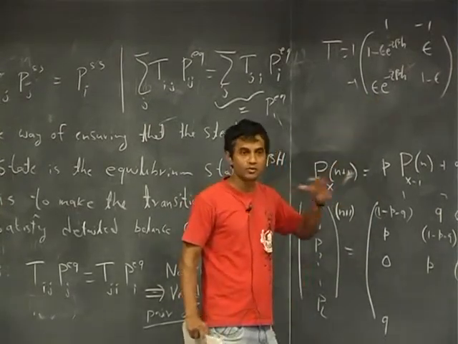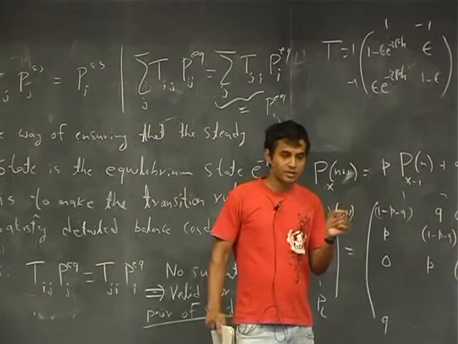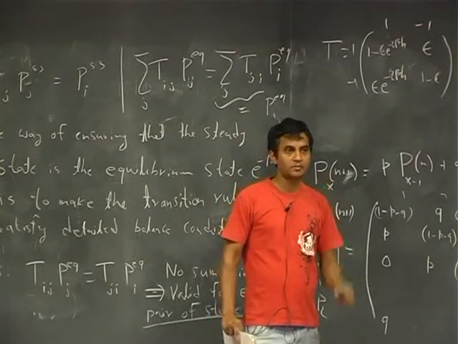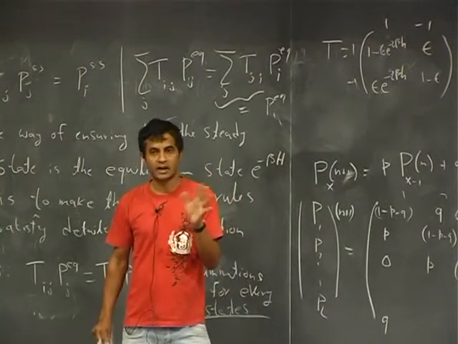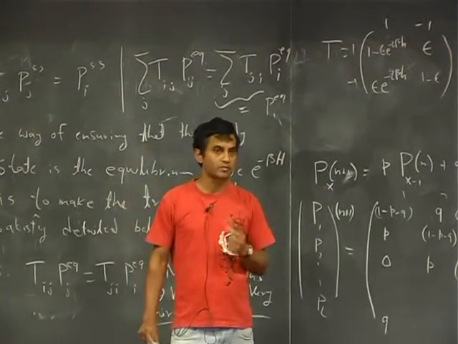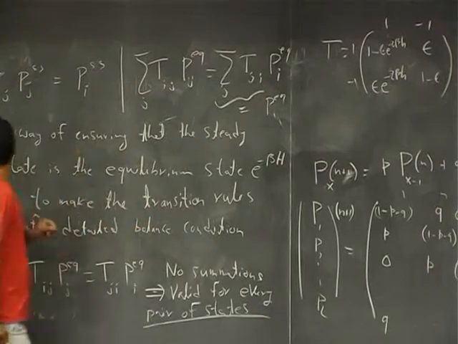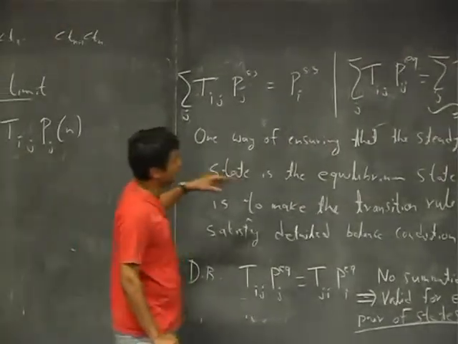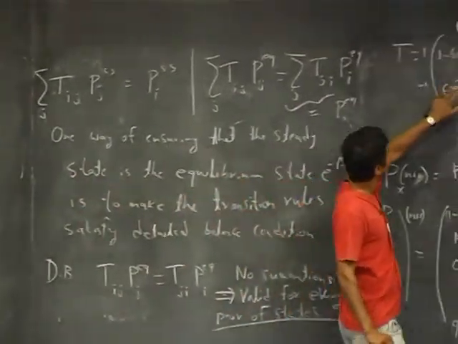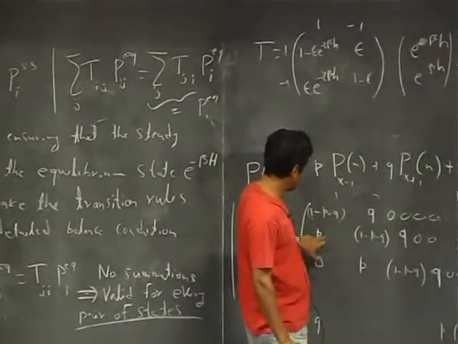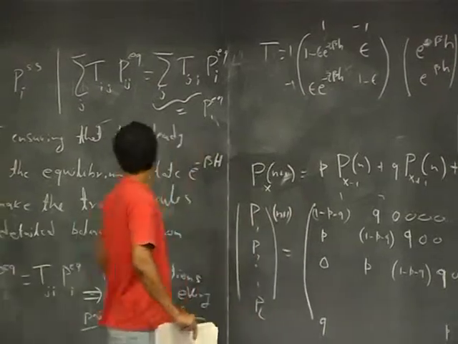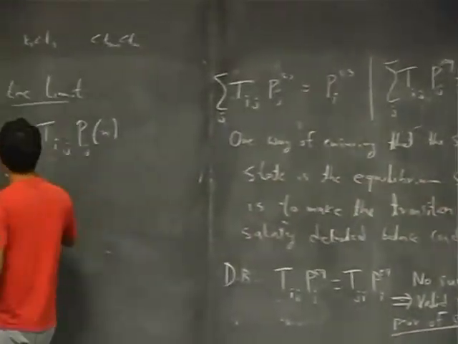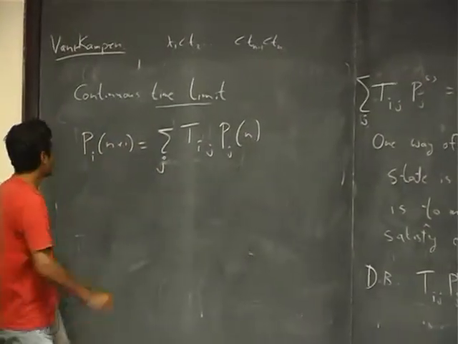Because if I want to go to the continuous time limit, then the probabilities should depend on my time step. It's like when you went from random walk to the diffusion equation, you introduced some time scale, right? So we'll assume that all these off-diagonal matrix elements are of order delta t, and then I'll take the limit delta t going to 0.